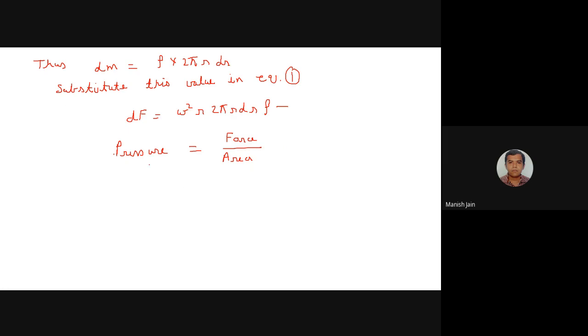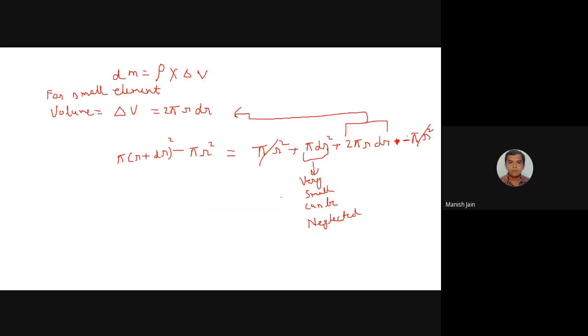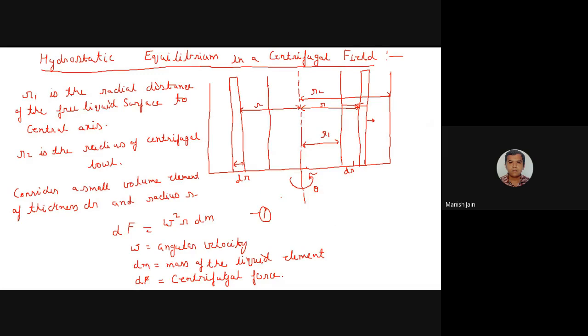So we can write dP equal to the force, omega square r 2 pi r rho multiplied by dr, divided by the area. What is the area? First, where will the force work? The force will work on this area, which is basically a cylindrical area.